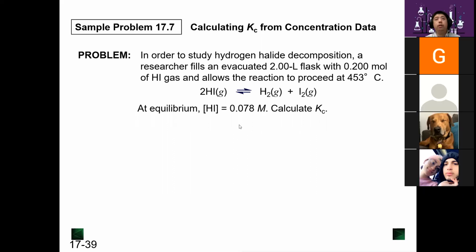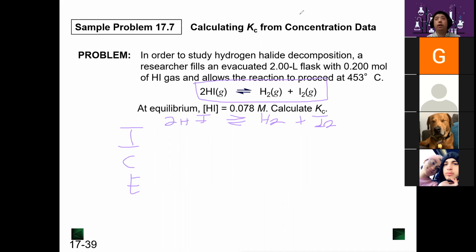Okay, so what we're going to do here is write our ice table. Copy this equation directly right above, so 2HI changes into H2 plus I2, okay?